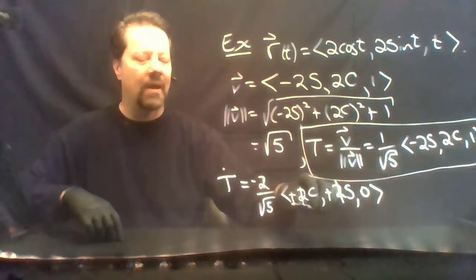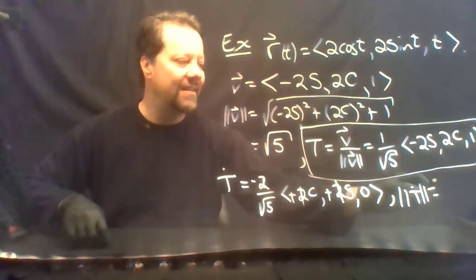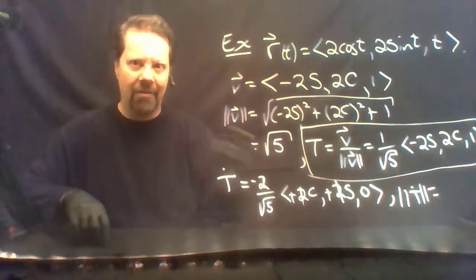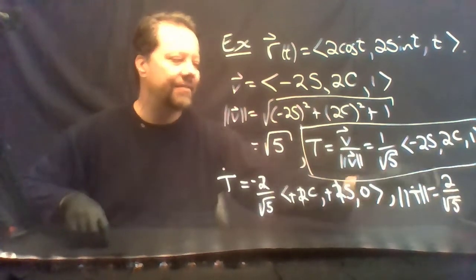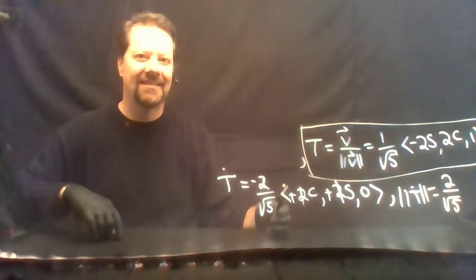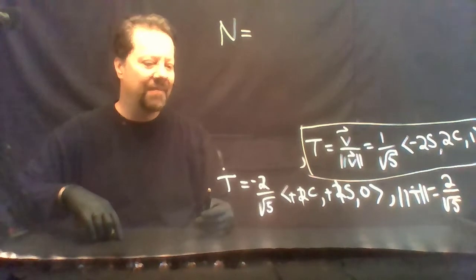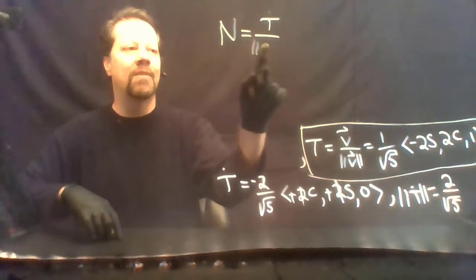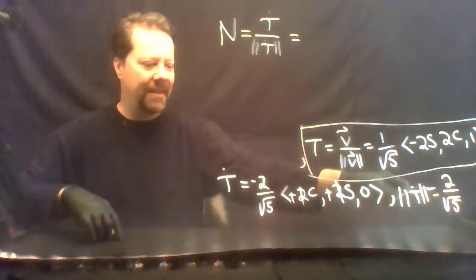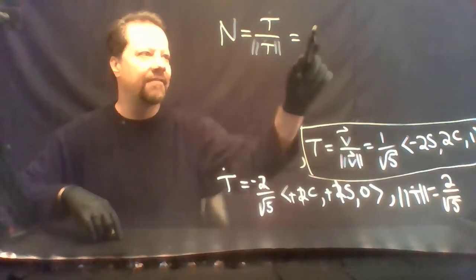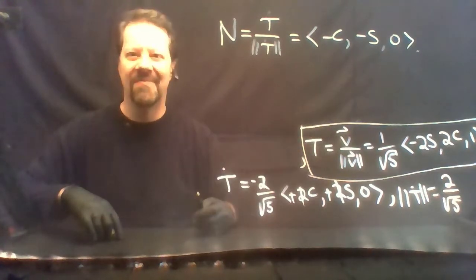What's left over has norm 1. So the norm of t dot is, since scalars pull out of norms in absolute value, positive 2 over root 5. It follows then that the principal unit normal vector, which is t dot over norm t dot by definition, is this vector divided by this scalar. The 2 over root 5 will cancel off. We'll just have (-cosine, -sine, 0).